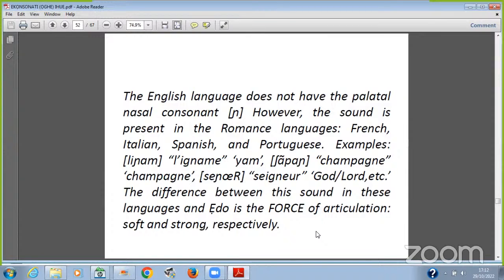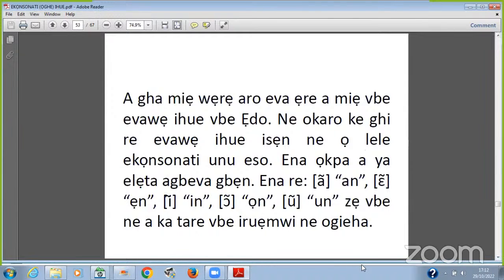But it is soft, Seigneur. And that is where we come to the influence of the Yoruba language on our Edo language. We'll come to that.